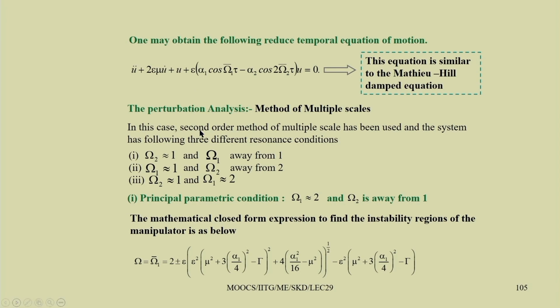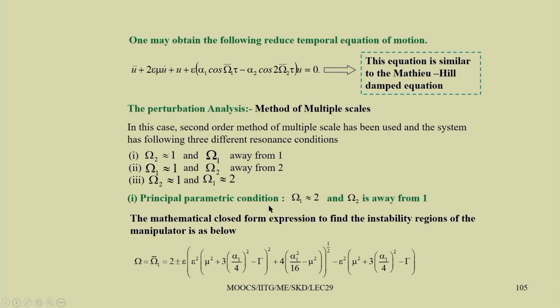Here different resonance conditions can be considered: omega 2 nearly equal to 1 and omega 1 away from 1; omega 1 nearly equal to 1 and omega 2 away from 2; and both omega 2 nearly equal to 1 and omega 1 nearly equal to 2. In the first case it is the principal parametric resonance condition.